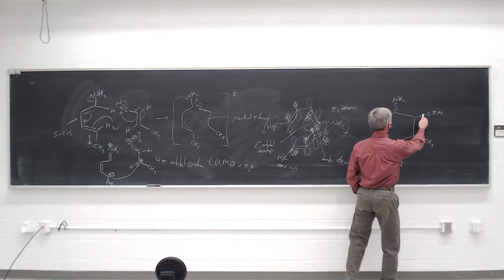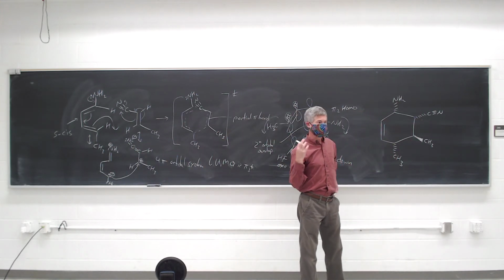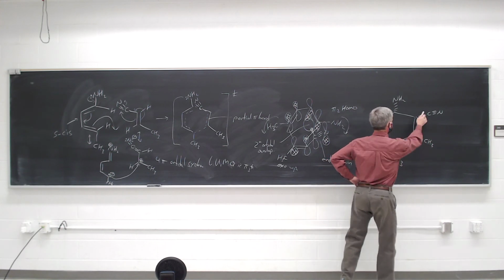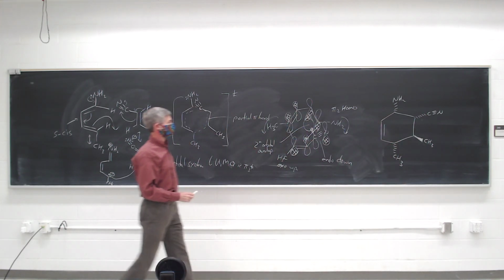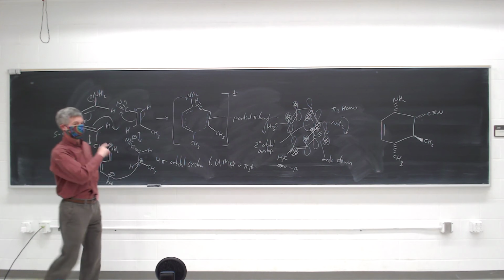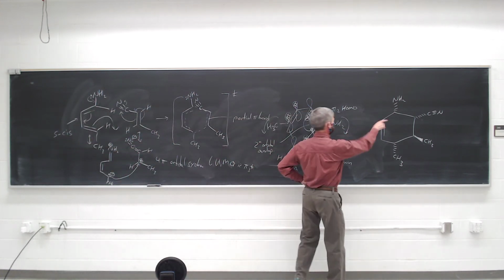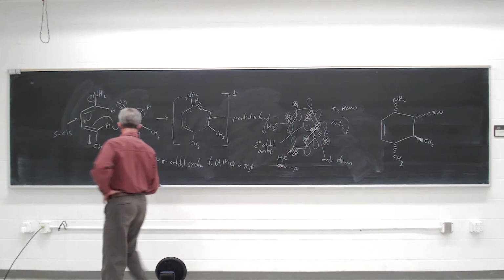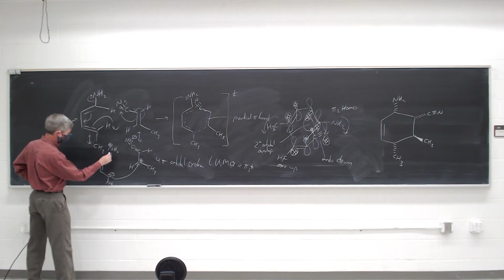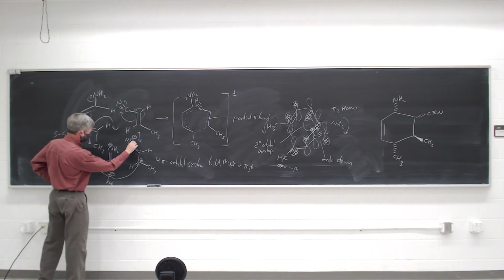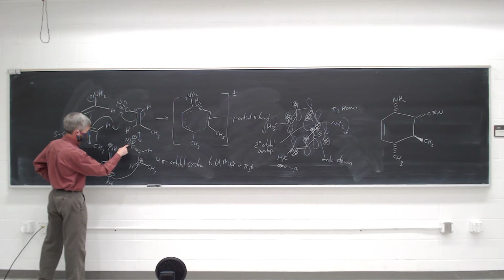The nitrile is going down because it's in the endo position for secondary orbital overlap, and the methyl is going up because we have a trans dienophile, a trans alkene, to start with, and we've got that 1,2 orientation because of the resonance structures. If you wanted to draw the mechanism from here, you would show this pair of electrons going back in to form the triple bond.